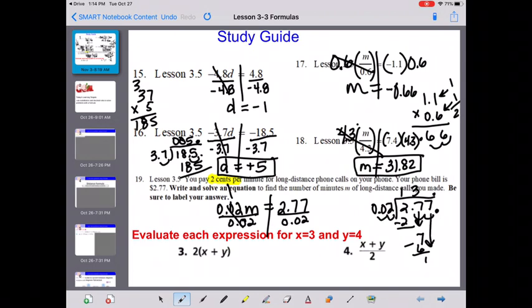I subtract. Then I bring down the next 7. 2 goes into 17. Did I do that? Yes, I did that right. So 8 times, bring down the 1. I need to add a 0 there because I ran out of numbers to bring down, but I'm not done yet. And it comes out even here. So 138.5 minutes.